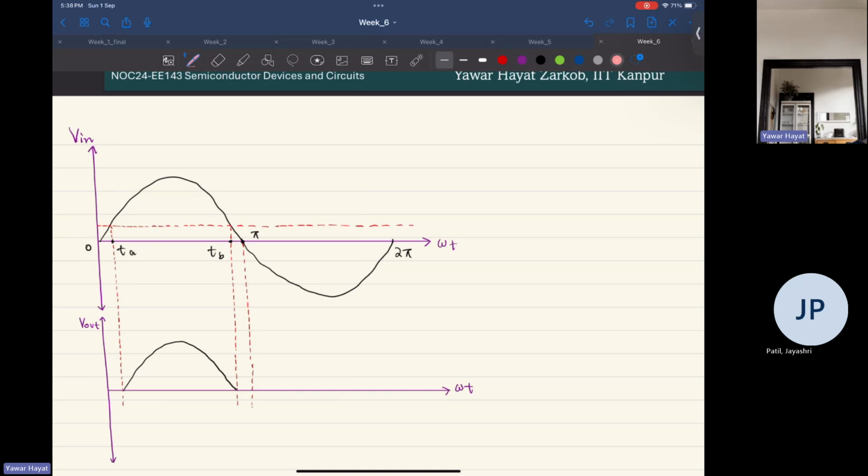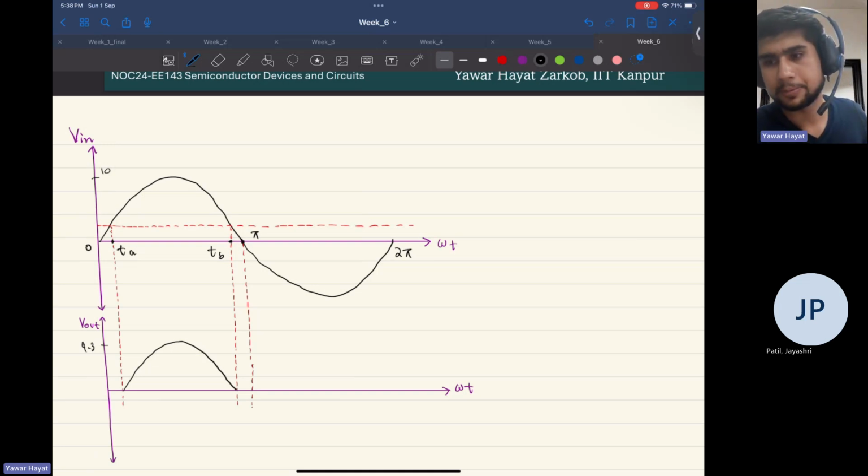This is your 10 and this is your 9.3, because there would be a drop of 0.7 volts appearing. That's why.